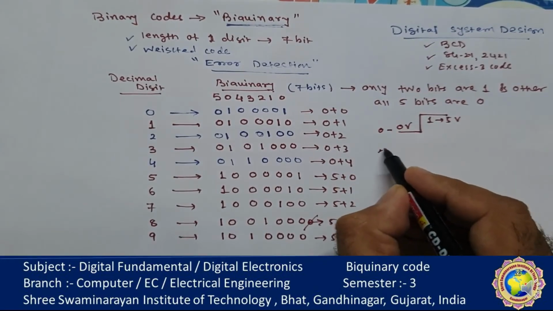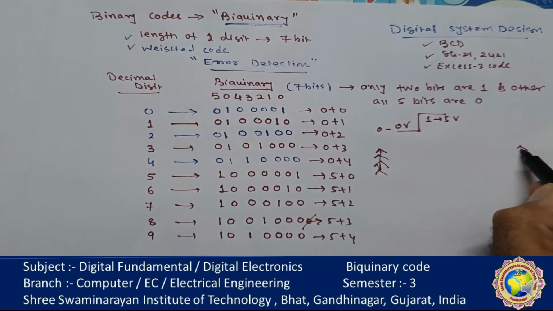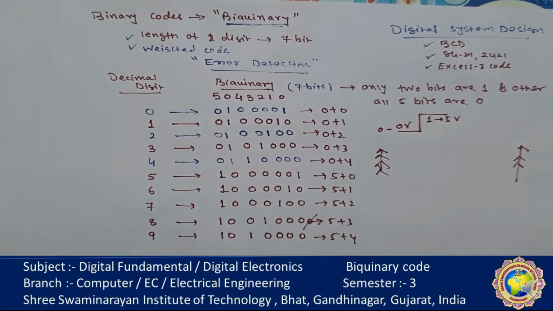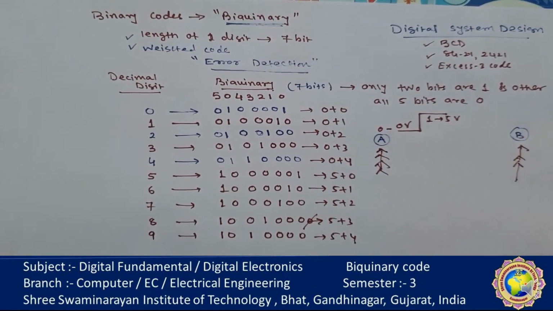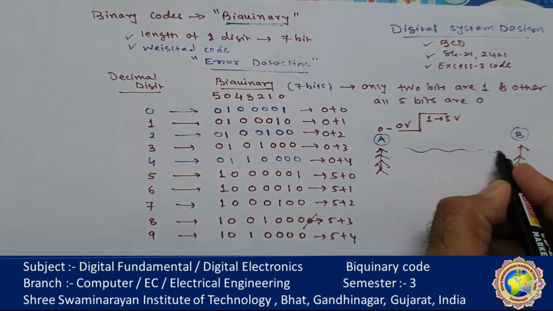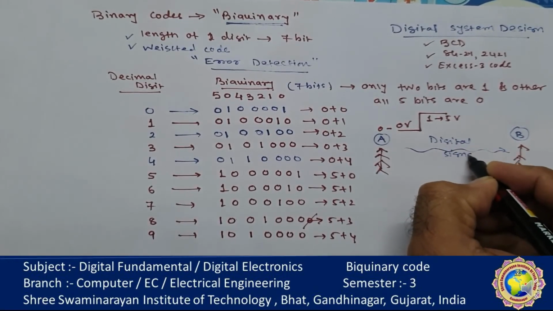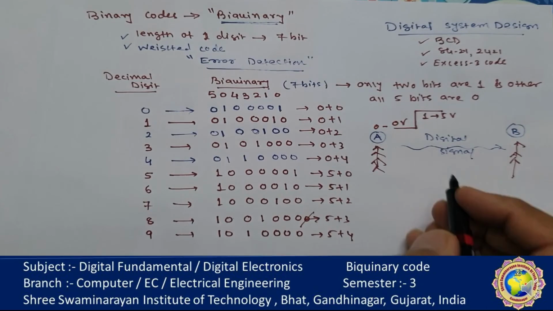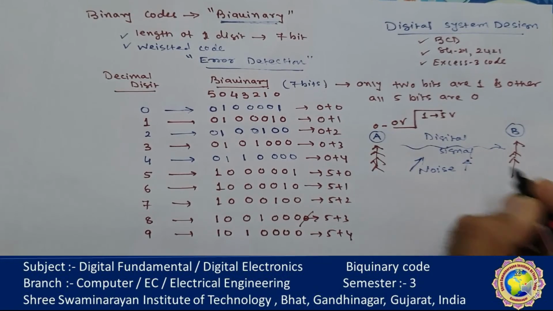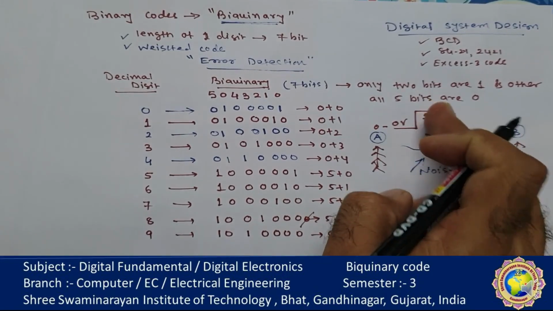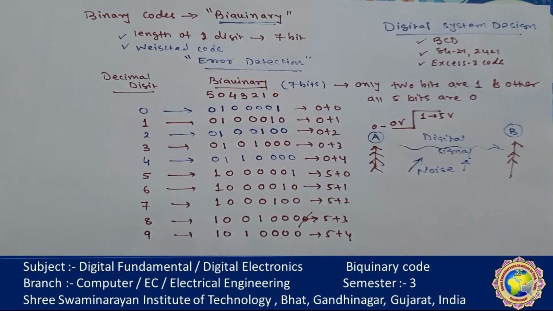Consider a signal passing from one signal tower to another, from point A to point B. There are many types of noise added here, such that 5 volt can be converted towards 0 or 0 volt towards 1.